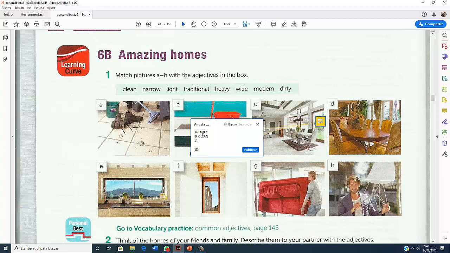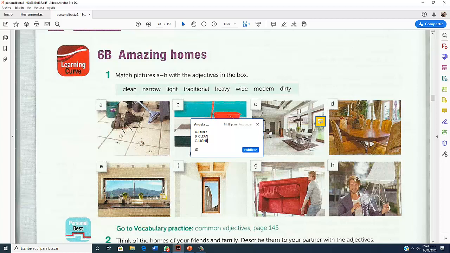Letter C, there we have, that's light. Yes, we can say that it's a light place, because if you look at the picture, there's a lot of light.